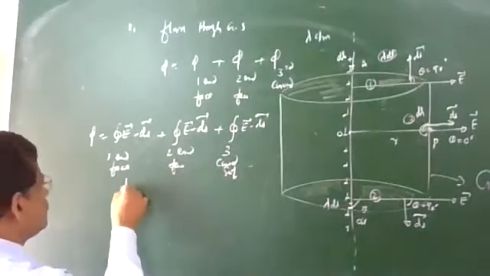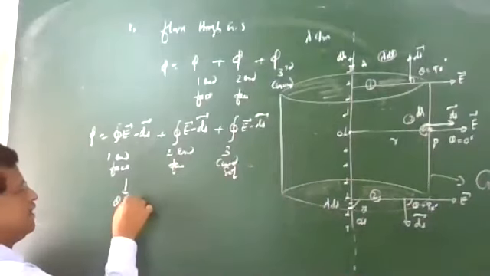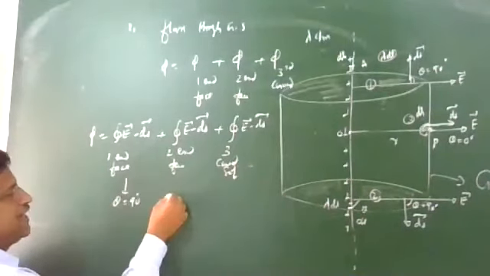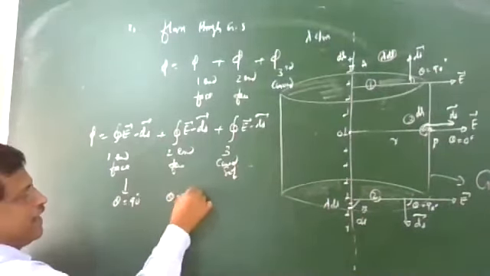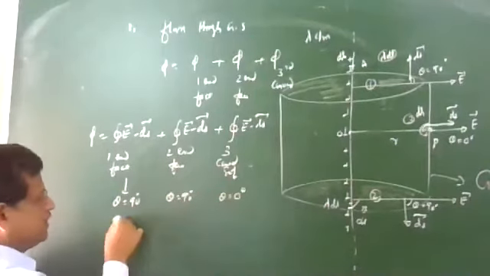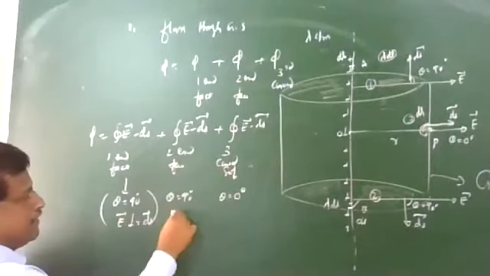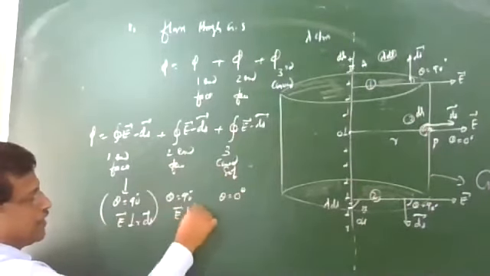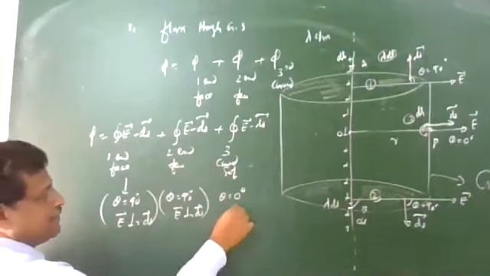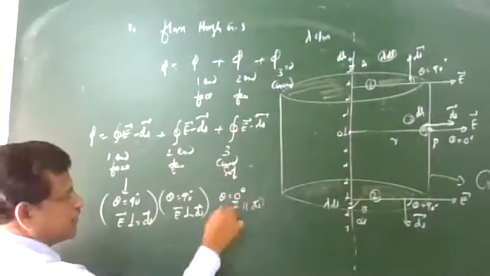So on the first end face theta 90, cos 90 is 0; second end face theta 90; and the third one theta equals 0 degree. E vector is perpendicular to ds vector on the end faces, and on the curved surface E vector is parallel to ds vector.